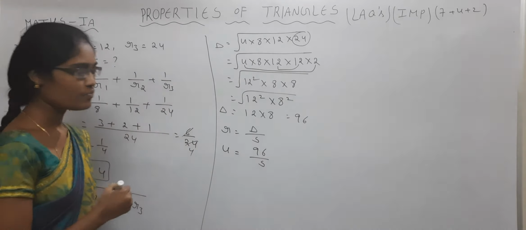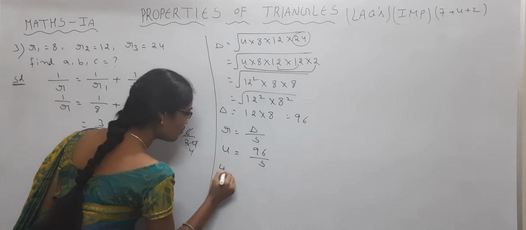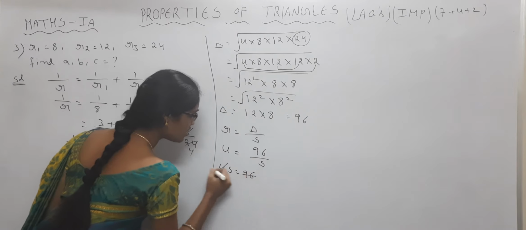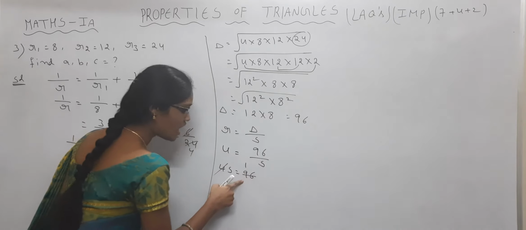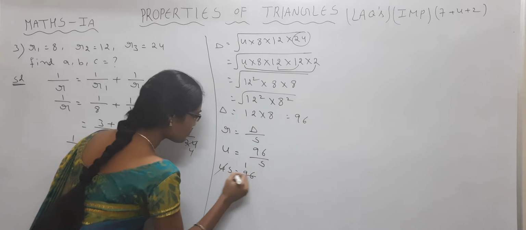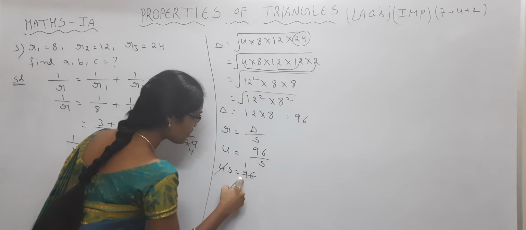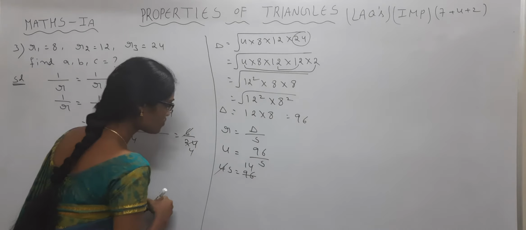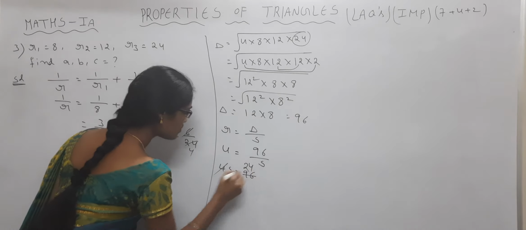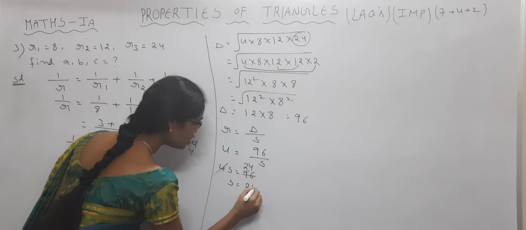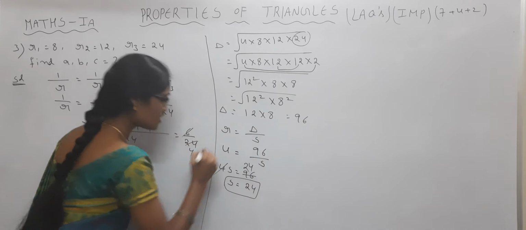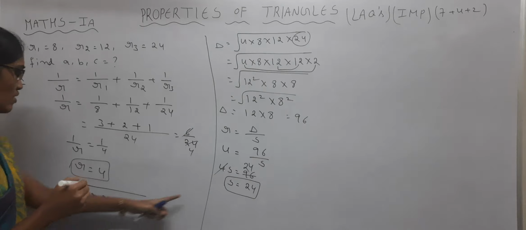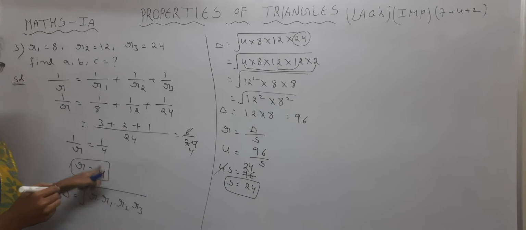We want the S value, so 4S is equal to 96. 4 ones are 4, again 1 is here, 4 sixes are 24. So S is equal to 24. We get the S value also. So S has come: the delta value is 96, the S value is 24 and the r value is 4.